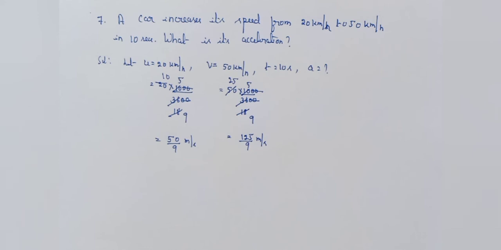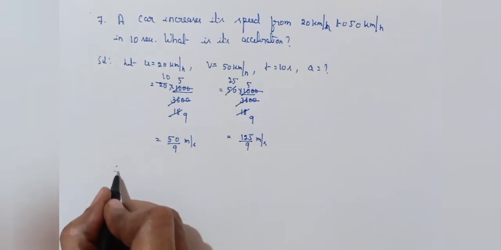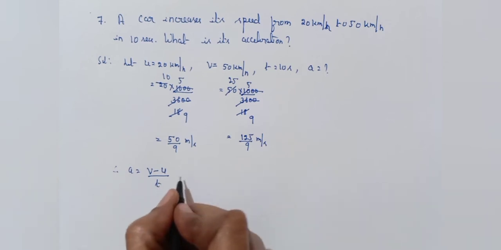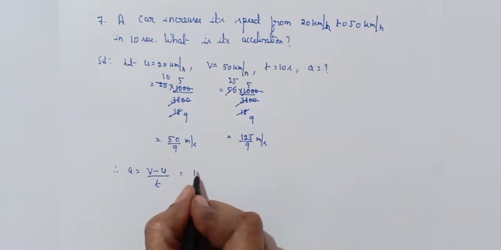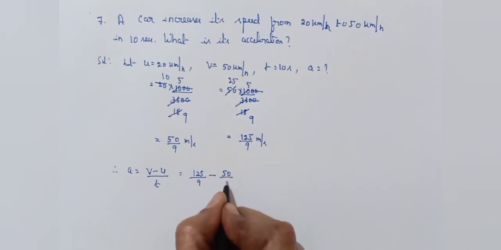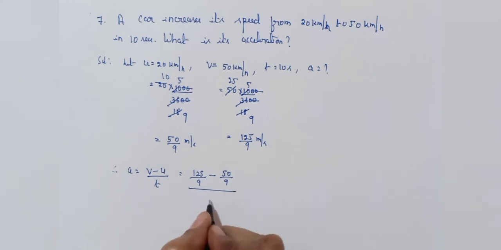Now you got the initial and the final speed. Next, find out the acceleration. Therefore, acceleration is equal to v minus u by t. The final speed is 125 by 9 minus initial speed 50 by 9. Then the time taken is 10. So here the denominators are same, we can subtract the numerators. 125 minus 50 is 75 by 9. So take the reciprocal of 10, that is 1 by 10.